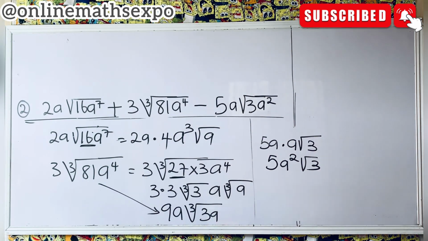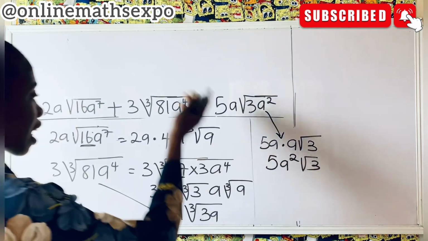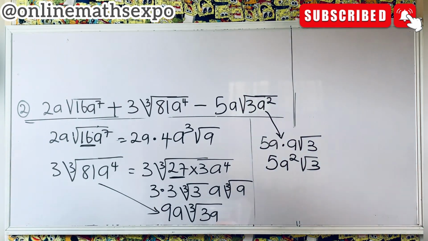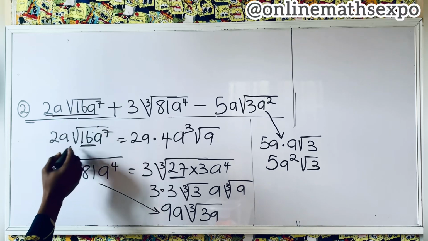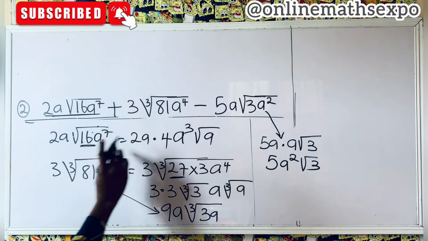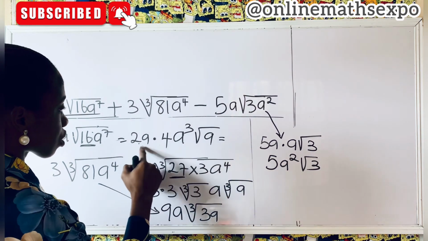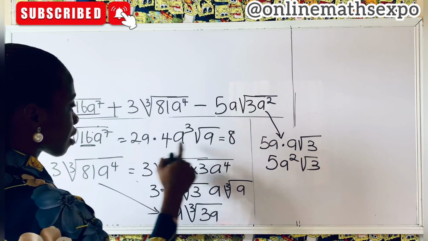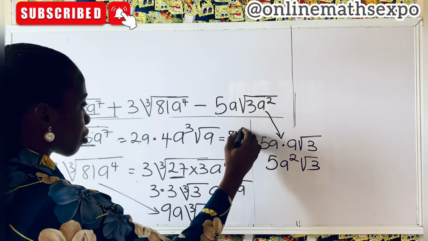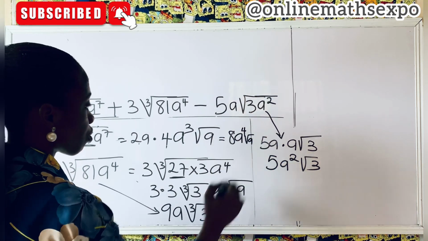Okay, so let's gather what we have. This gave us this. Let's gather them together. So in that case, for this, what do we have? For simplifying this, this is what we have. So let's conclude this. 2a multiplies this will give us 2 times 4 is 8. a multiplies a cubed is a to the 4th, then square root of a.